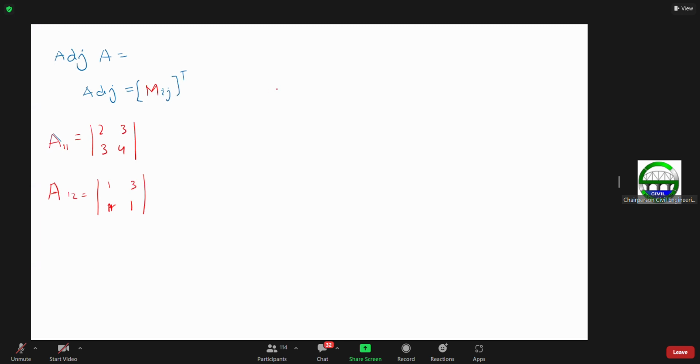Let me write matrix A here, so it will be easy for everyone. It is 1, 1, 1. Then 1, 2, 3. Then 1, 3, 4.